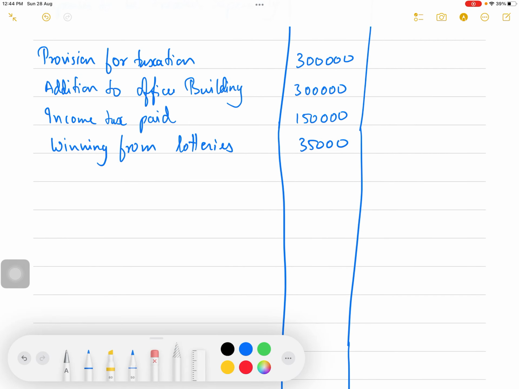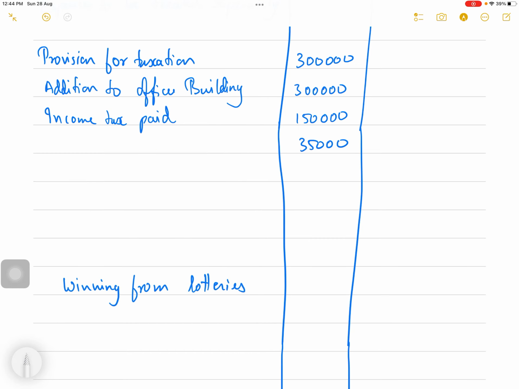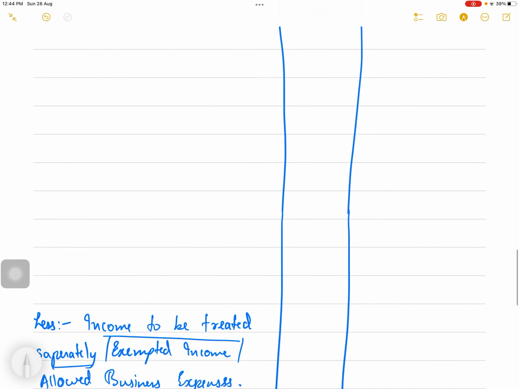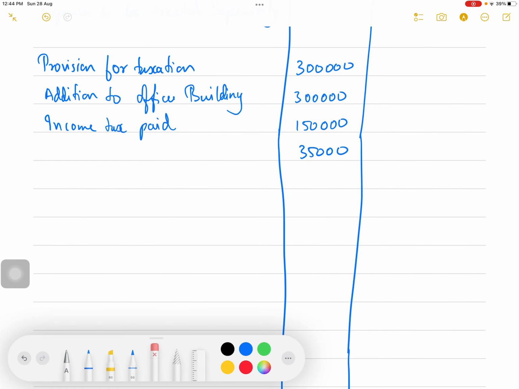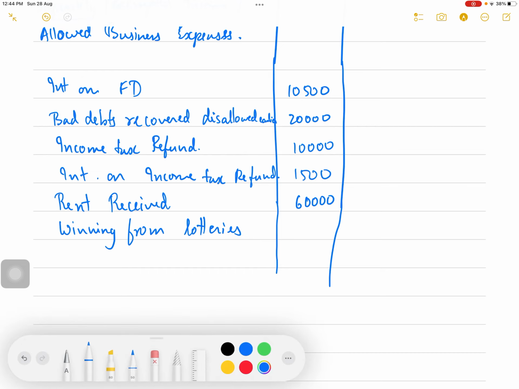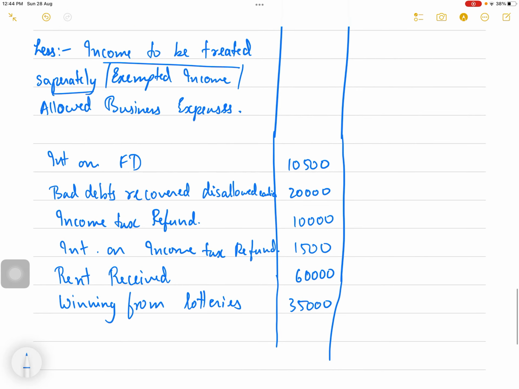Winning from lottery will not come here. Rent received, winning from lottery. Okay.